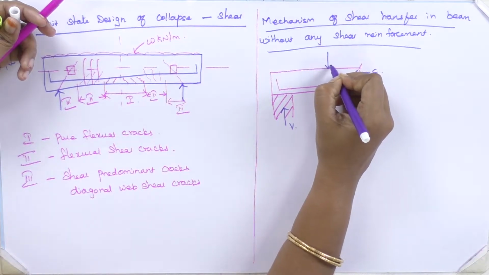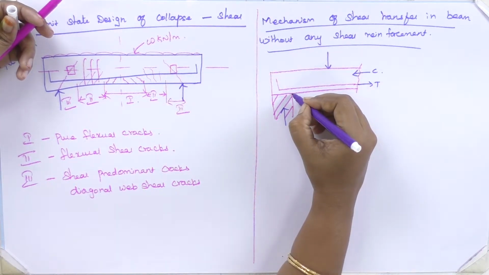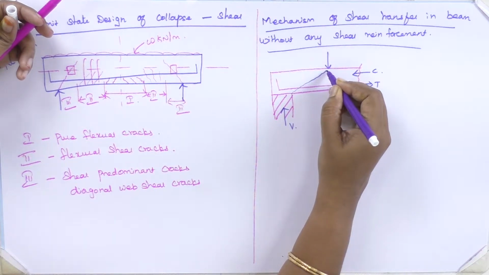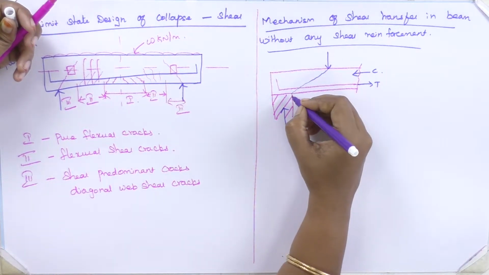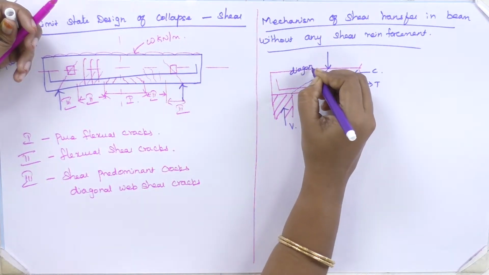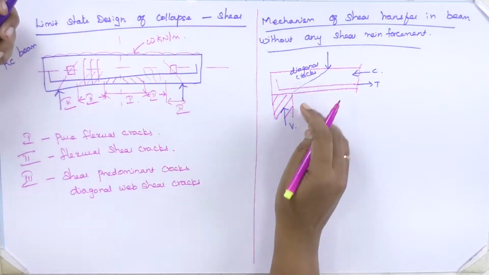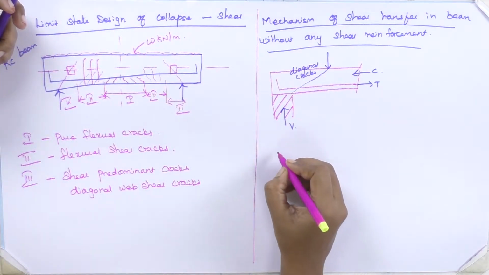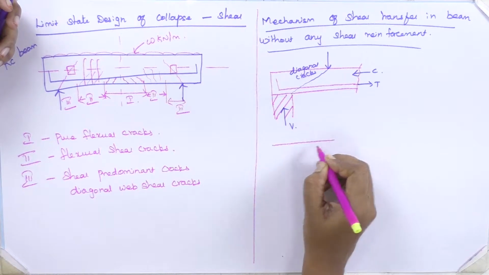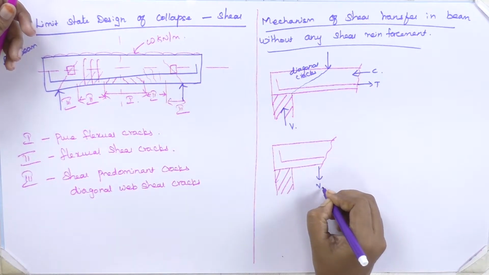So if I give load in this direction, that is in transverse direction, from the supports it will be like diagonal cracking, diagonal cracks. Okay, when we see the free body diagram for this part, this is VD.